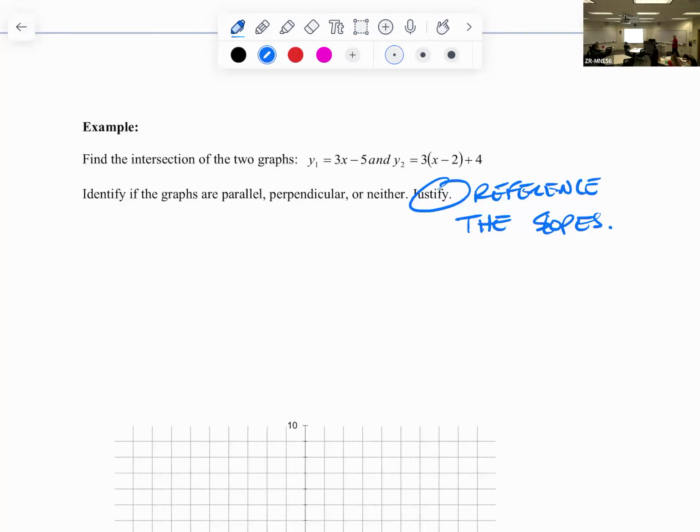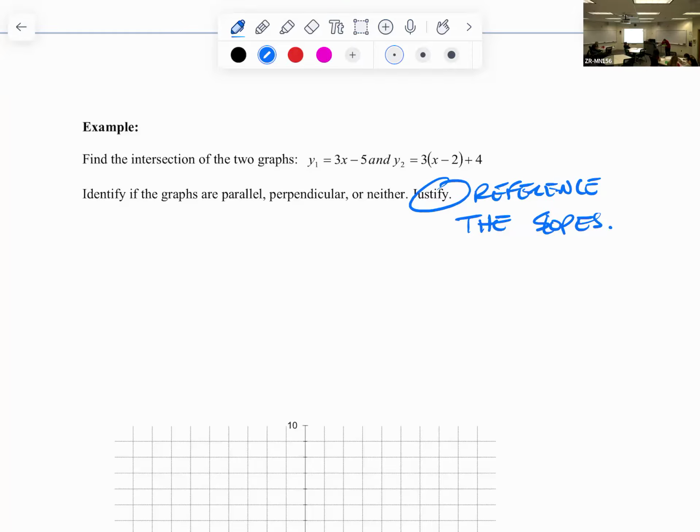Now, most graphs, are they perpendicular, parallel, or neither? Neither. Perpendicular and parallel are just special cases, just like our vertical and horizontal lines. Most graphs are positive or negative sloped. Occasionally, we have the other ones. So neither is the vast majority of categories.